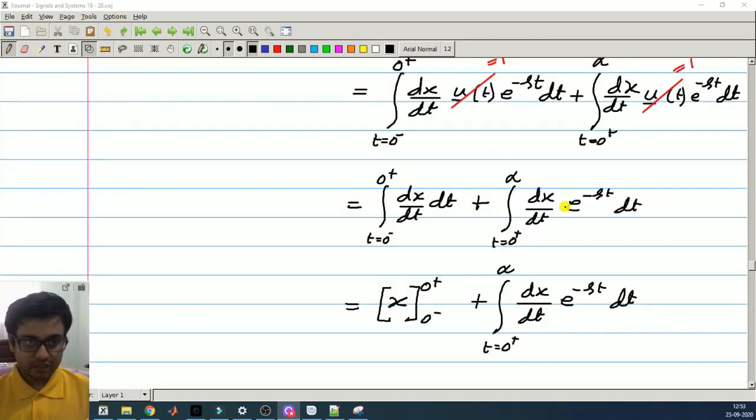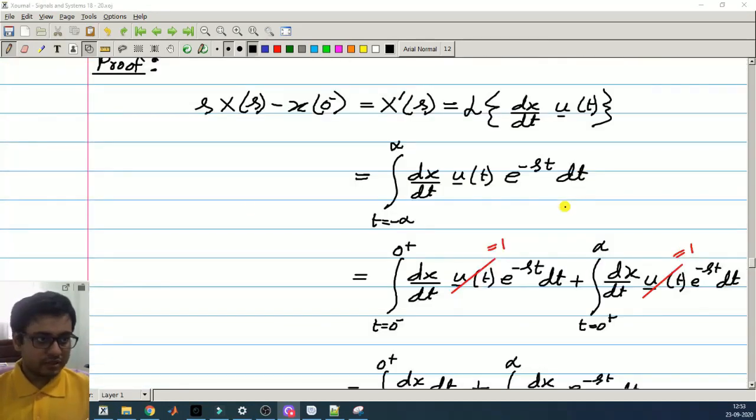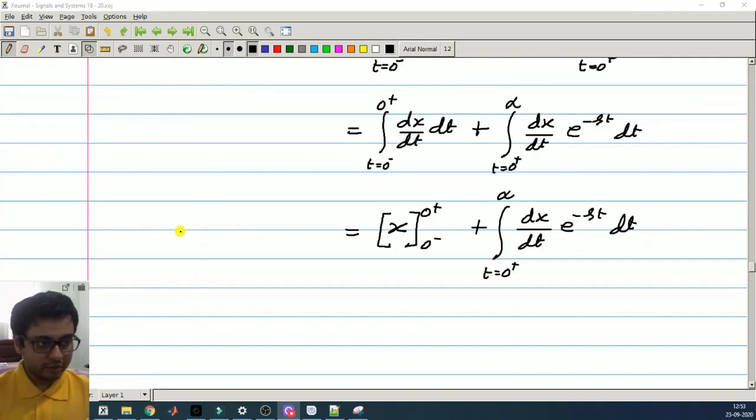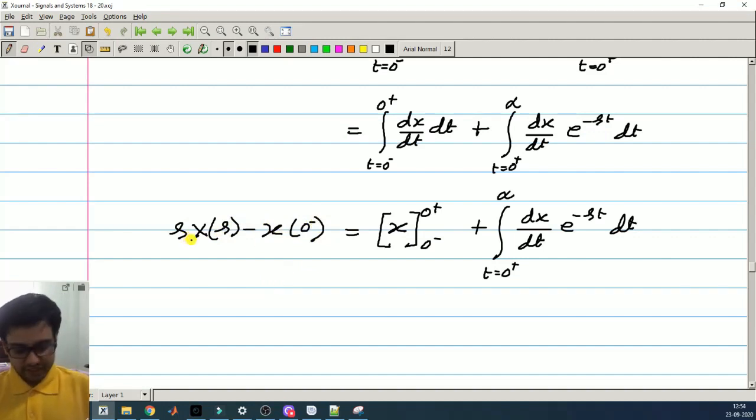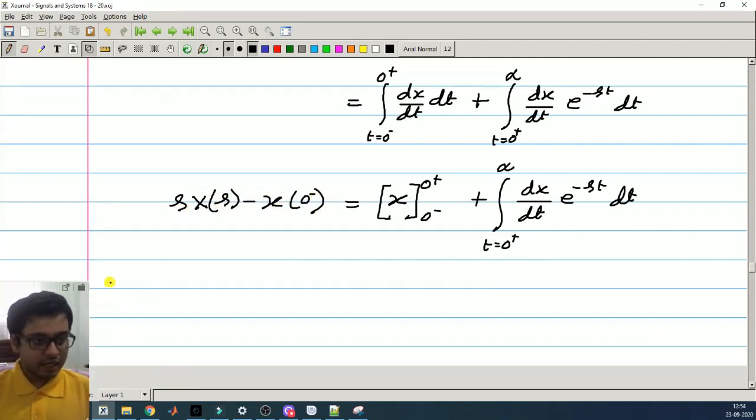Okay, now this left side is s capital Xs minus x0 minus. Now let me take a limit s tending to infinity on both the sides.